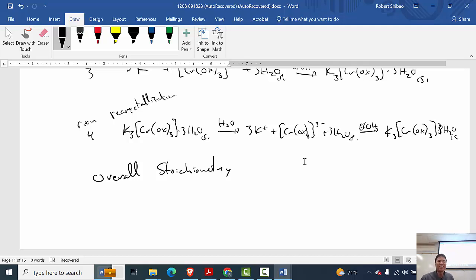All right, so the overall stoichiometry here is, what we can do is we can add up all the reactions, i.e. combine all reactions.